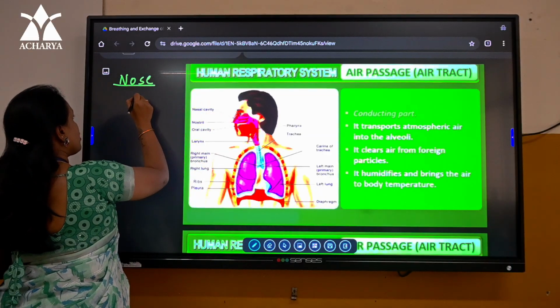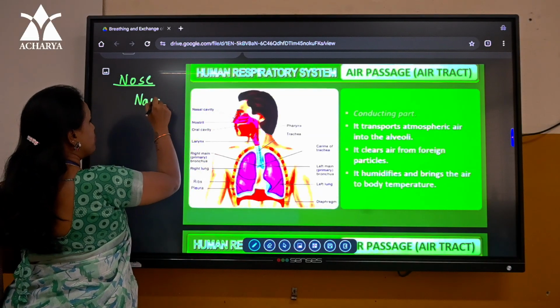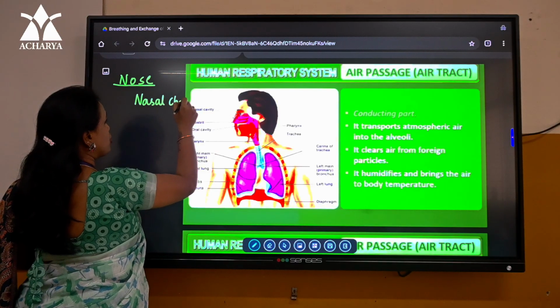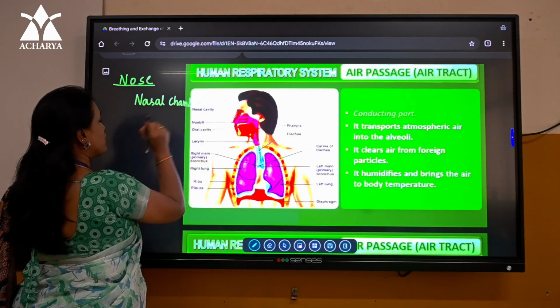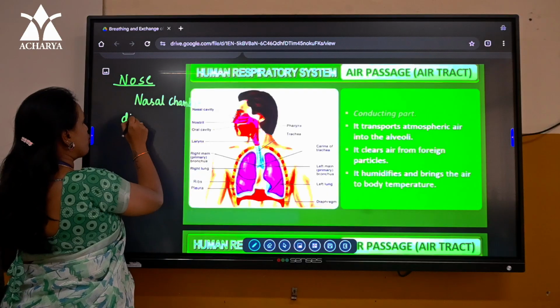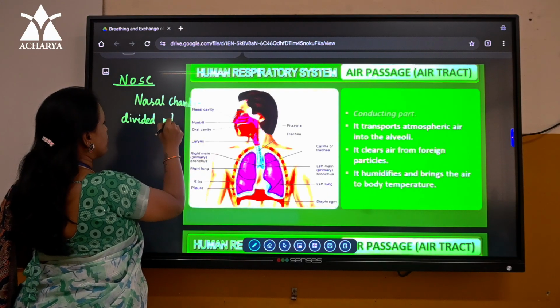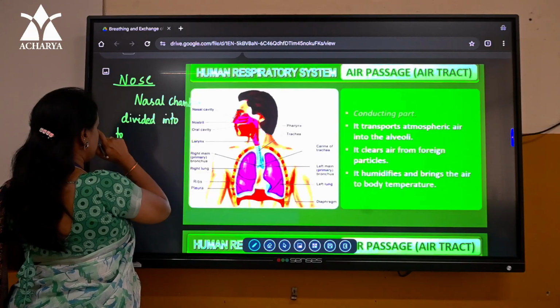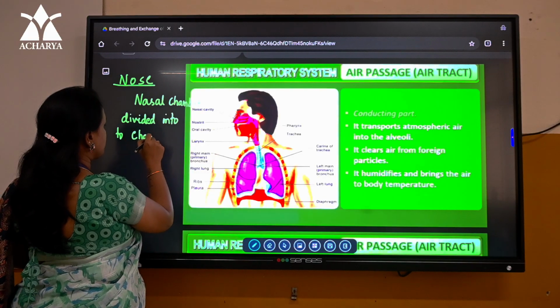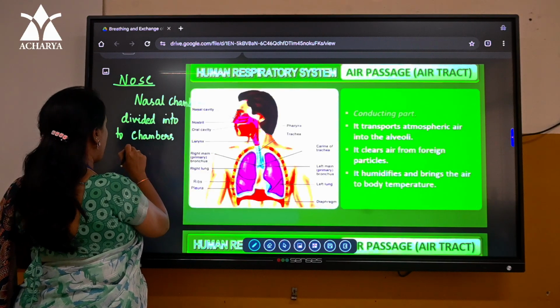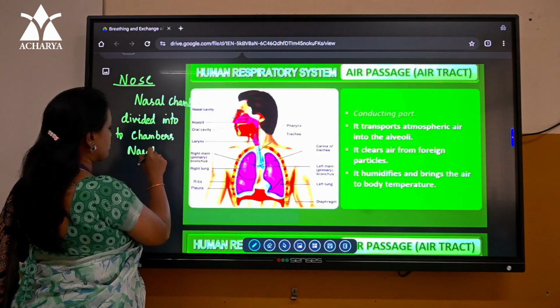So the nose has a nasal chamber, and this nasal chamber is divided into two chambers by a nasal septum.